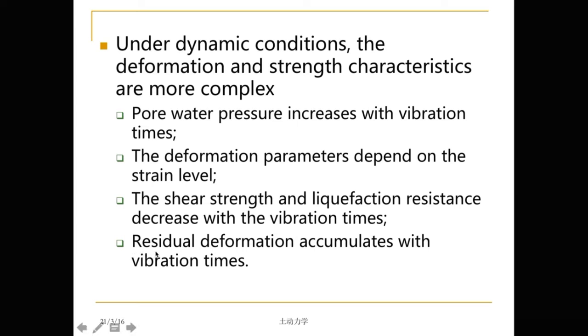The fourth is that residual deformation accumulates with vibration time. And we know that with the vibration, the strain will develop.